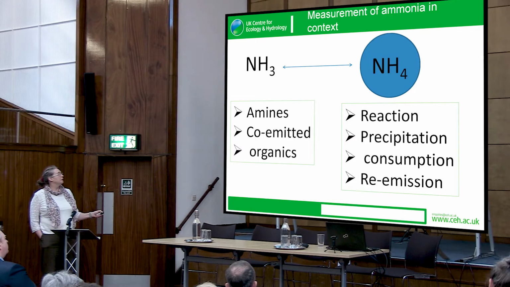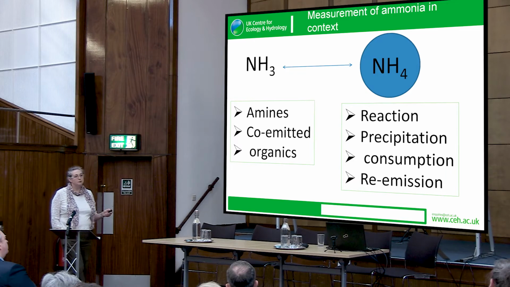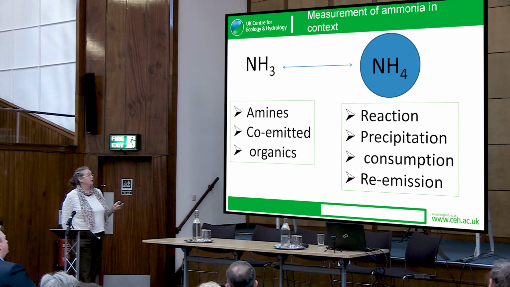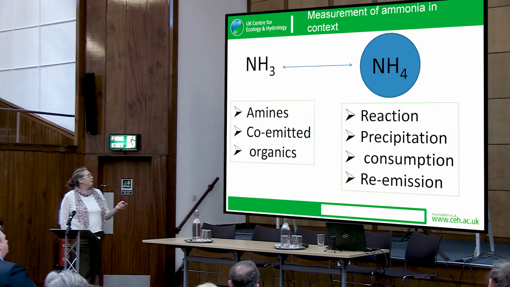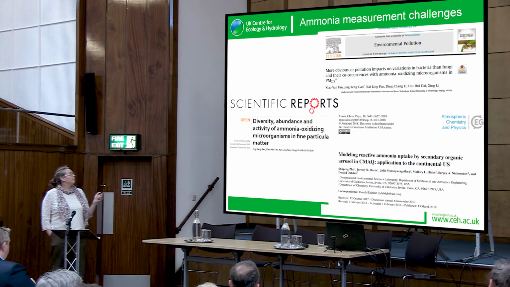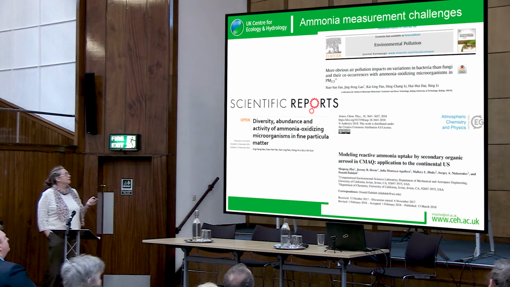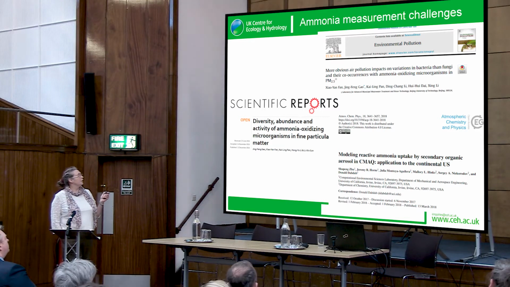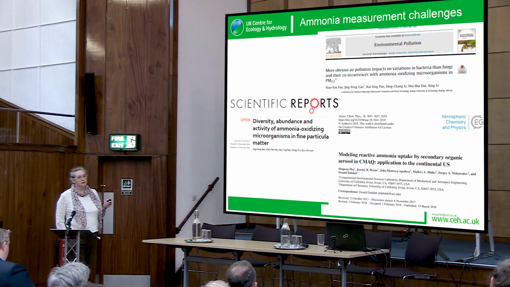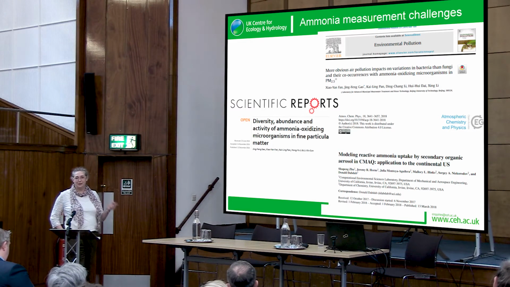It's not just emitted by itself, there are other organic amines emitted which we really don't measure at all in the environment, let alone understand what they do, what their net effect is. The research on this area is starting to pick up. The atmospheric chemistry of ammonia has suddenly become interesting after 30 years of being told it wasn't.